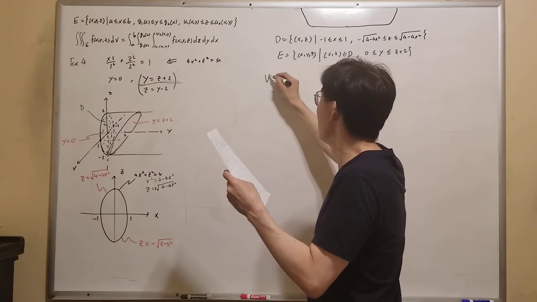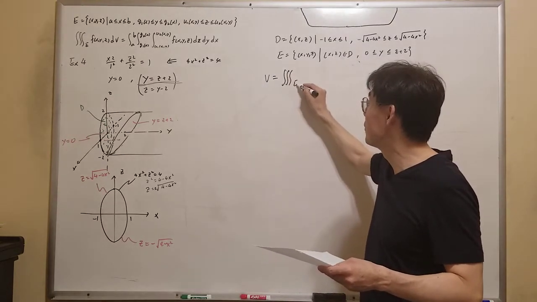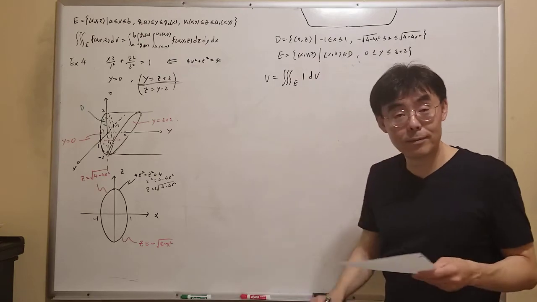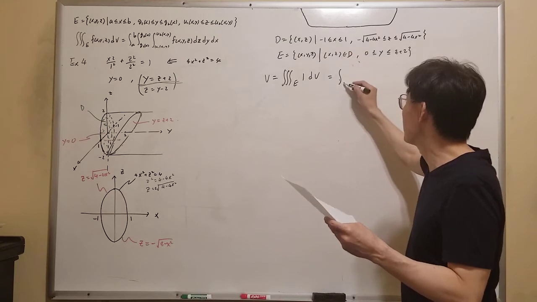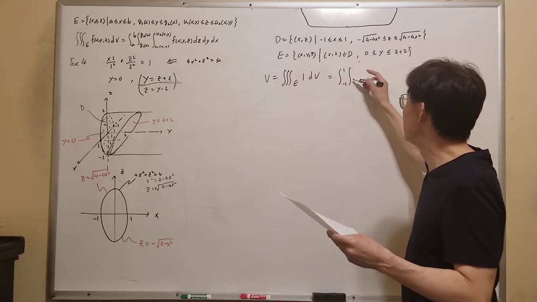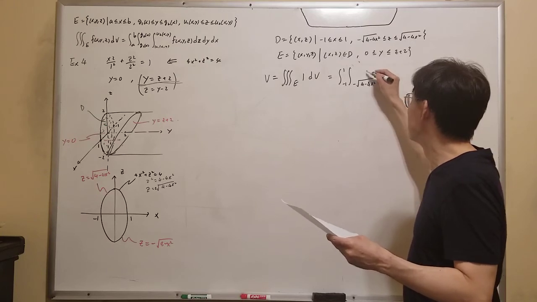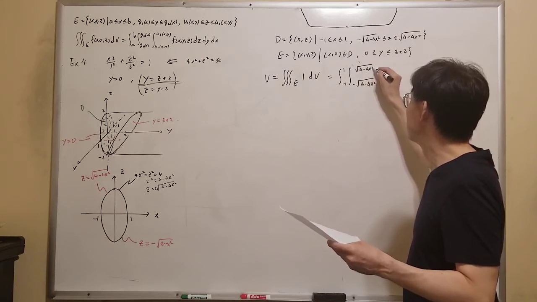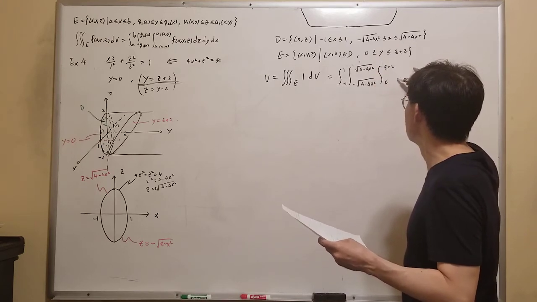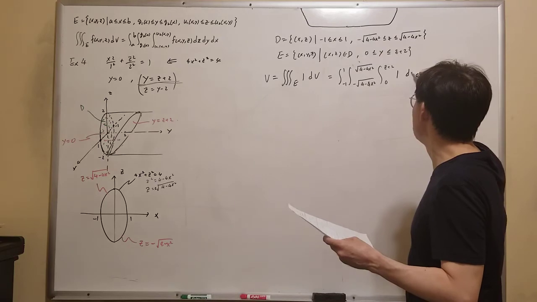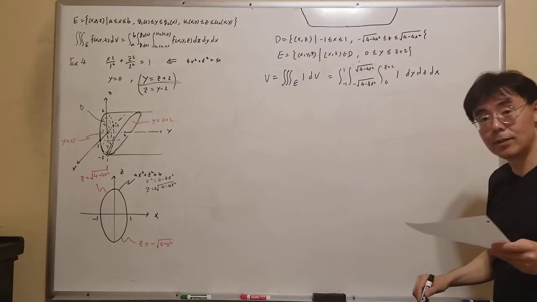So your volume, they ask you to find the volume. Triple integral of constant function 1 over E. So according to this, x from -1 to 1, and z runs from here, and y runs from 0 to z plus 2 of 1 dy and then dz dx.